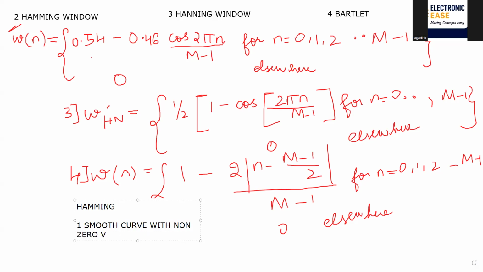Both sides of the curve will have non-zero values for the Hamming window.